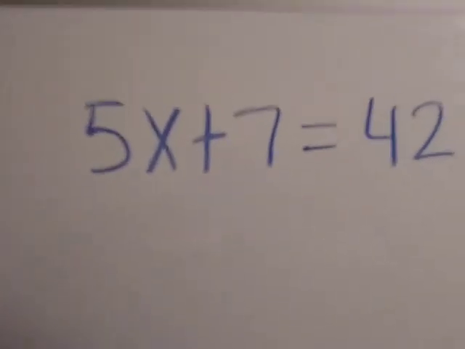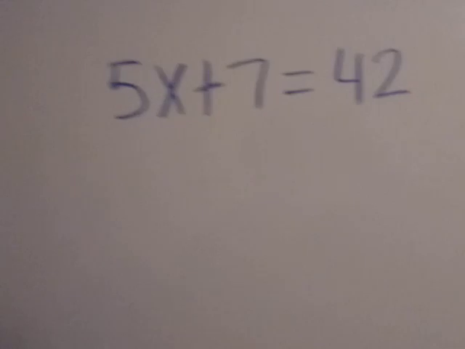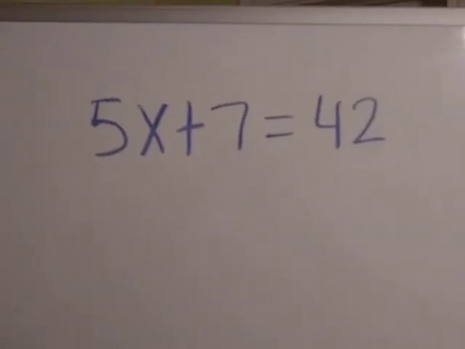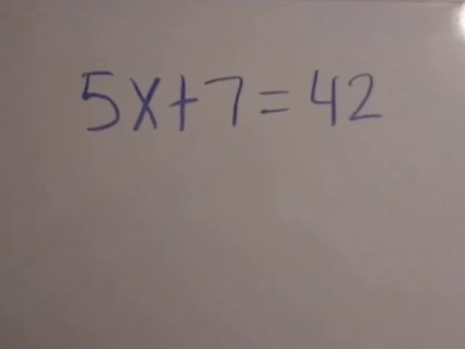So here we have the expression of 5x plus 7 equals 42.